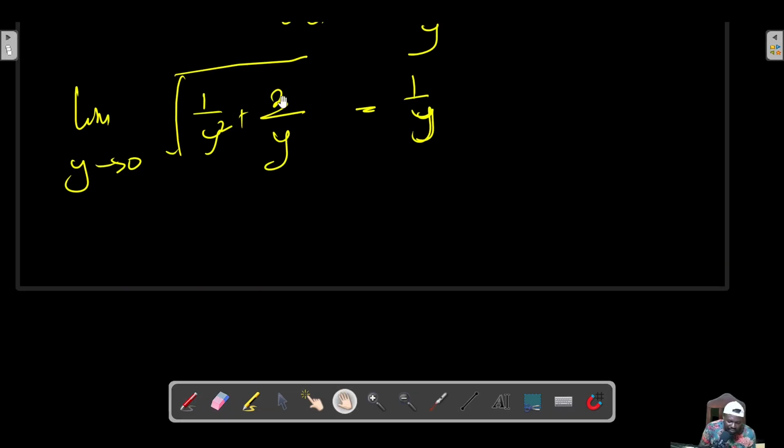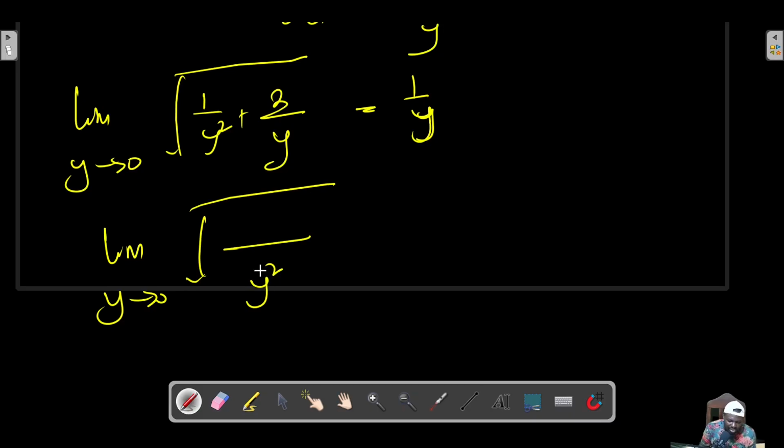I will simplify what is under the root here. So what do I get? I end up with the limit as y approaches 0 of root of, the LCM is y squared, y squared divides y squared one time, plus y divides y squared, that is y times 2, so you have 2y, minus 1 over y.